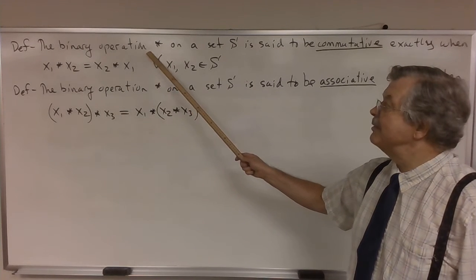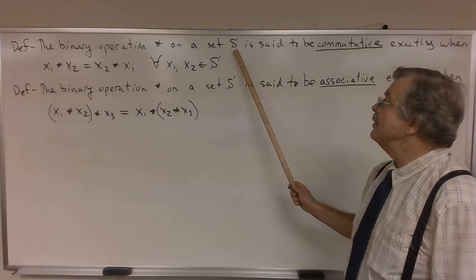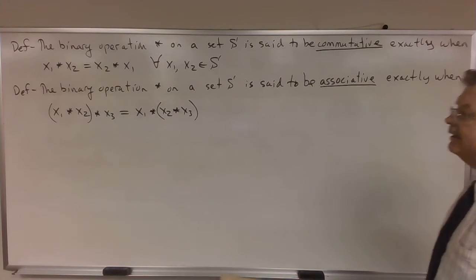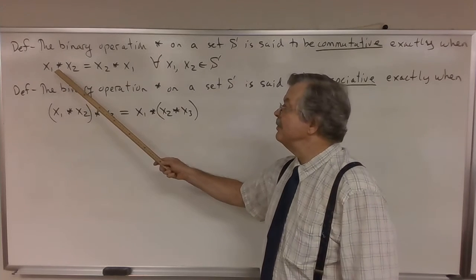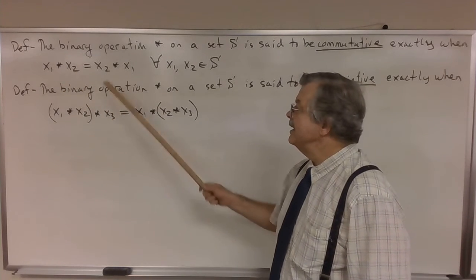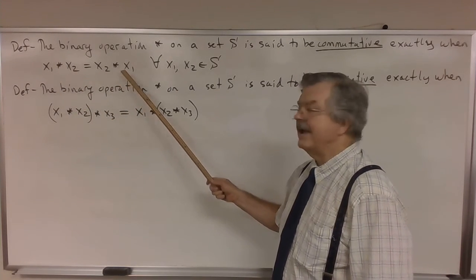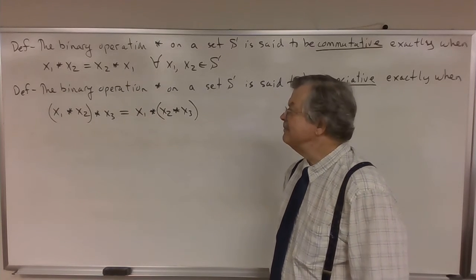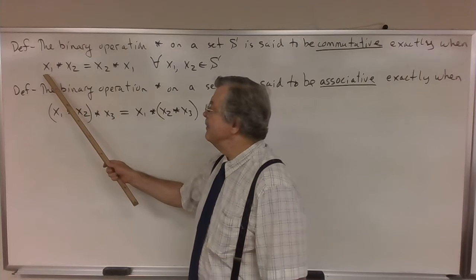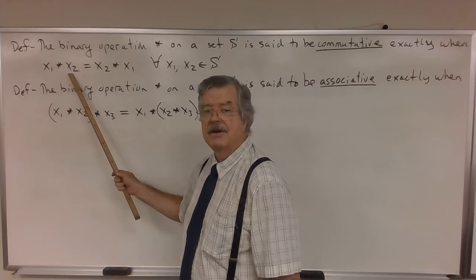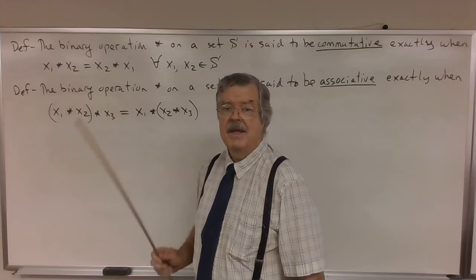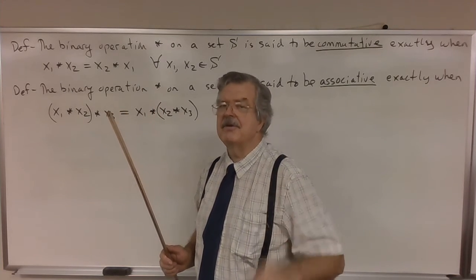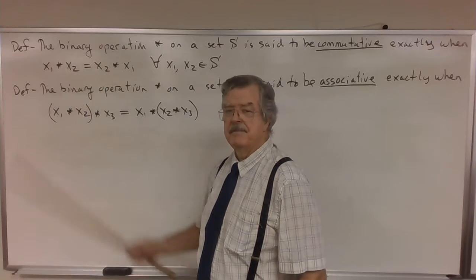A binary operation, star, on a set S is said to be commutative exactly when x1 star x2 equals x2 star x1. So in other words, we can reverse the order of the elements in an ordered pair, and the operation will assign the same third element to this pair.